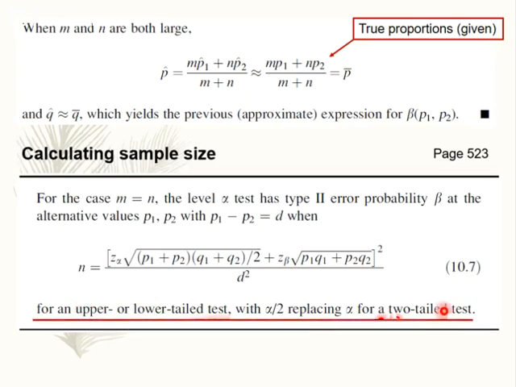If you want to do the sample size for a two-sided test, then you need to replace alpha with alpha over 2 in place of all the alphas. For self-study, have a look at example 10.12, so you'll see how they apply this. And for your own practice, you should do exercise 49B and see if you get the same answer.